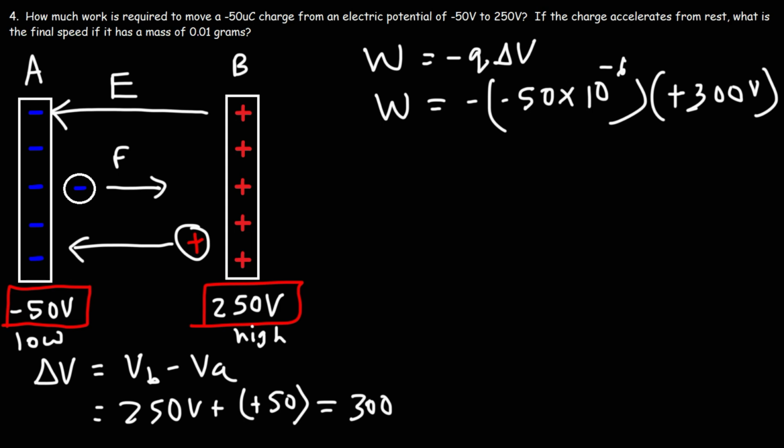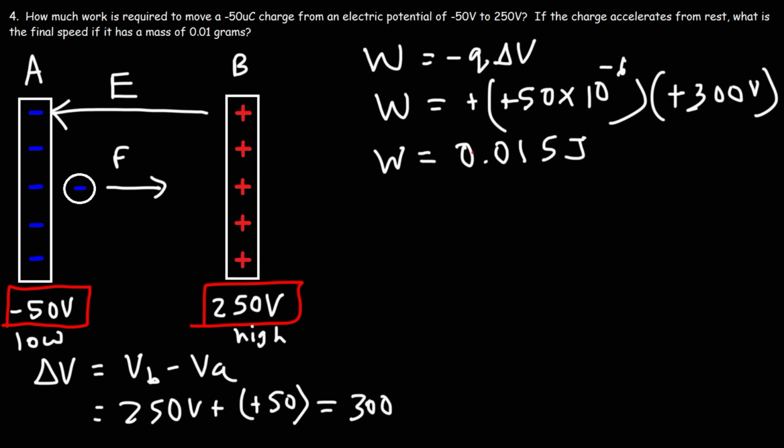But since we're dealing with a negative charge, it's going to go from low V to high V. Now these two negative signs will cancel. So to get our answer, it's going to be 50 times 10 to the negative 6 times 300. And so the work is going to be 0.015 joules.